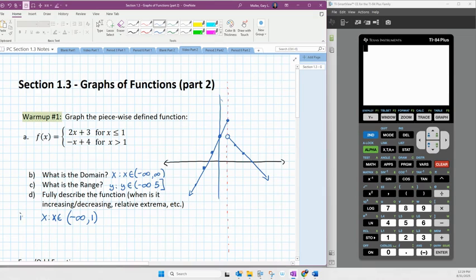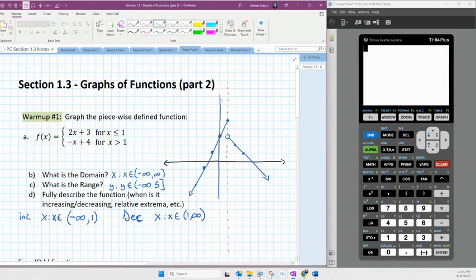So that's when it's increasing, and it's decreasing, when's it decreasing? From 1, all the x's from 1 to infinity. It's never constant.